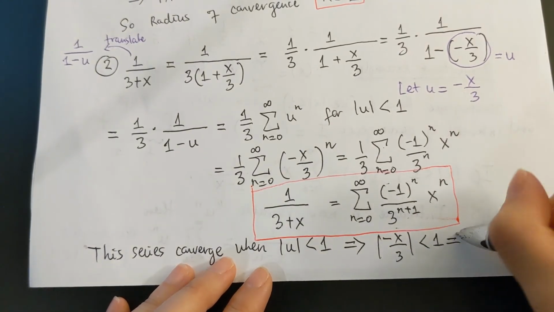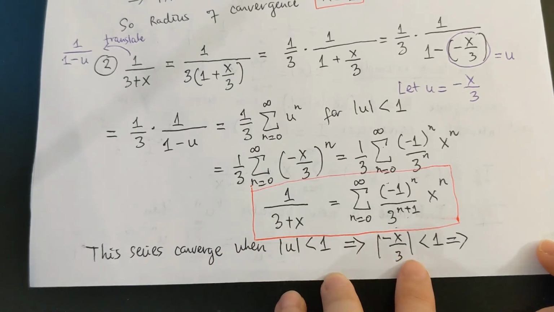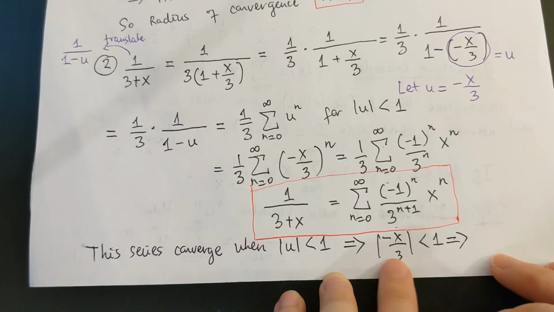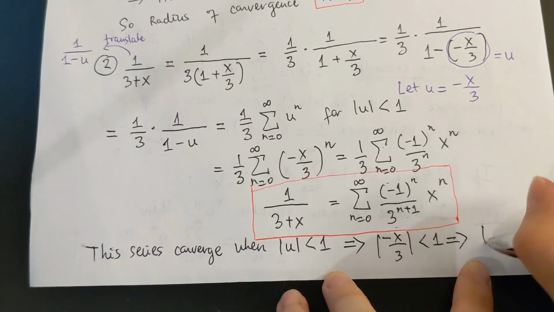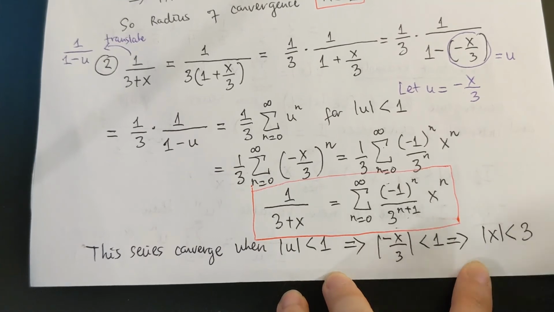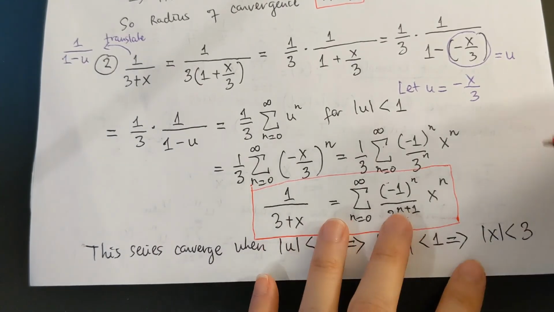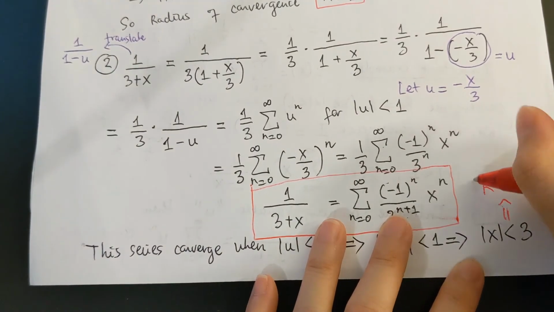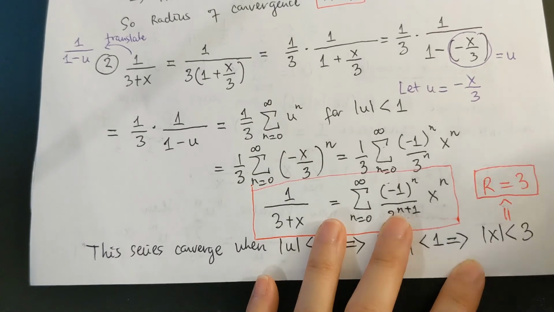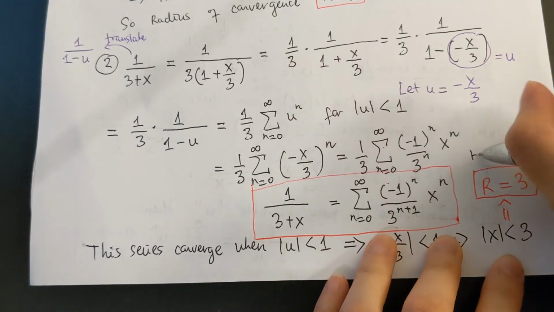And then minus in the absolute value becomes plus. So I have 1/3 times the magnitude of x less than 1. So that means the magnitude of x is less than 3. So my radius of convergence would be 3 here.